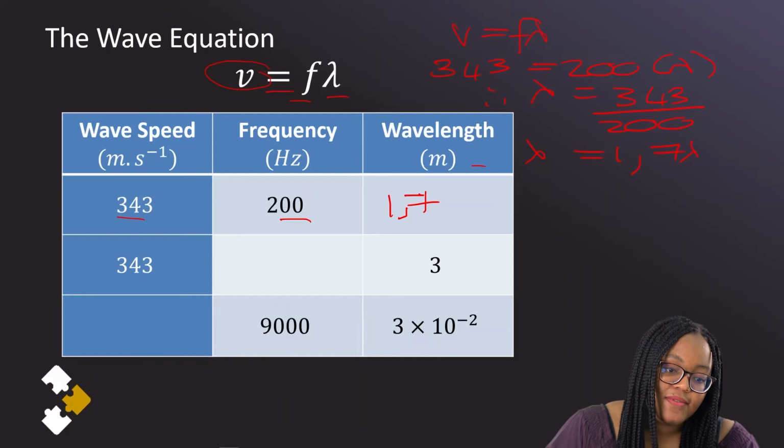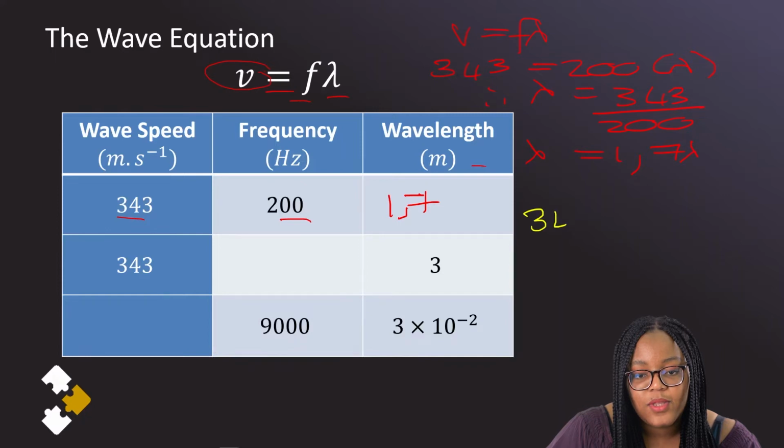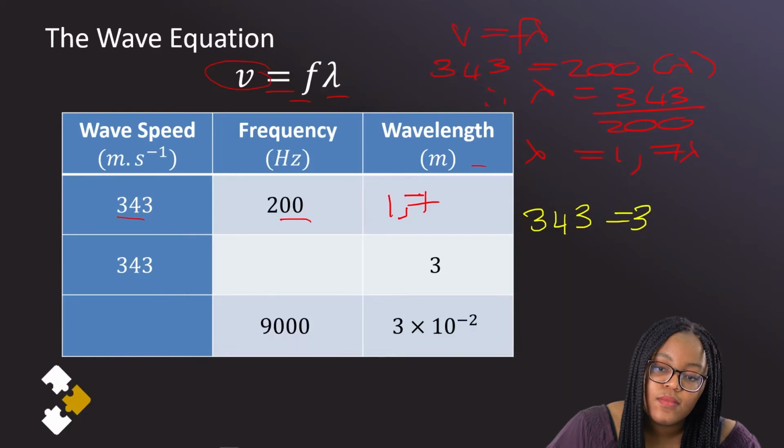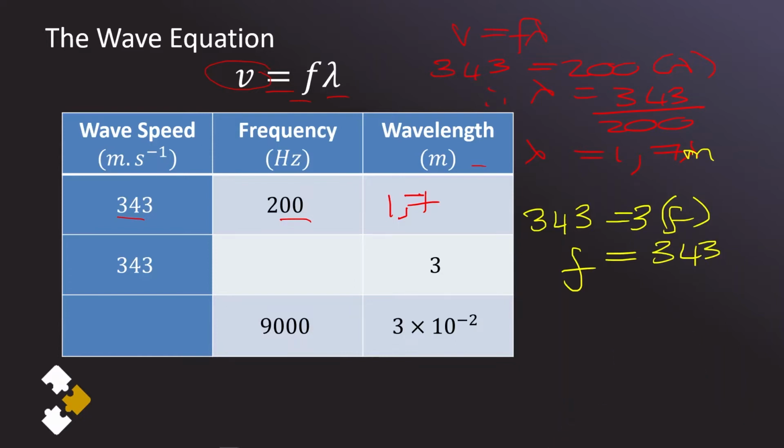If the speed of the wave is equal to 343 meters per second, and we know that the wavelength is equal to 3 meters, our frequency can be calculated by dividing 343 by 3, which gives us an answer of 114.3 hertz.